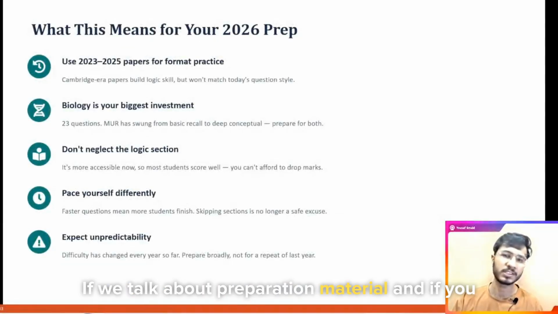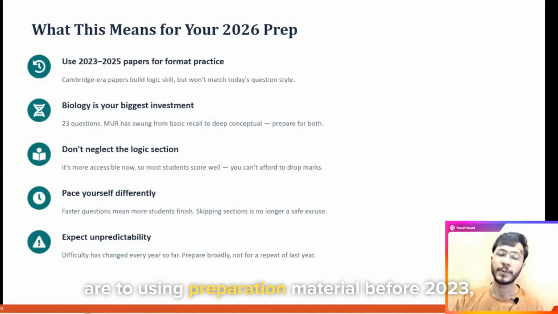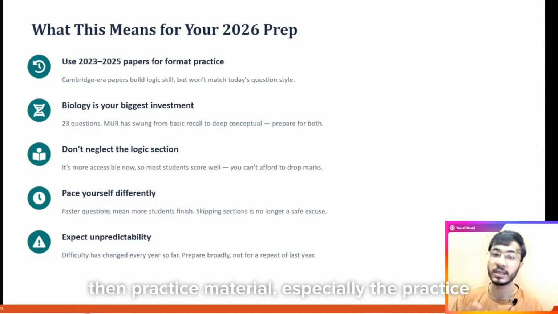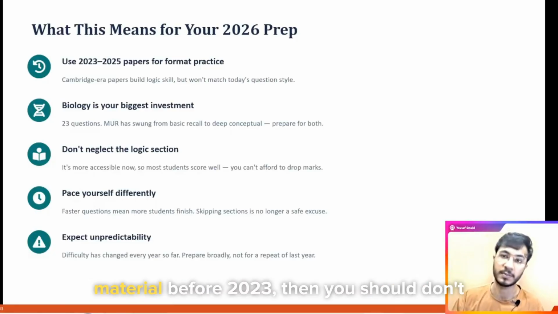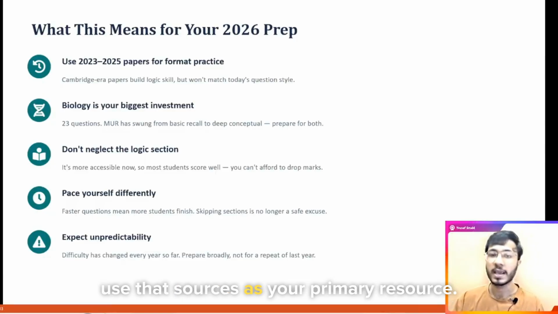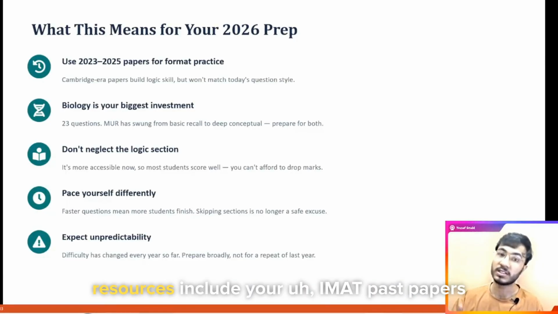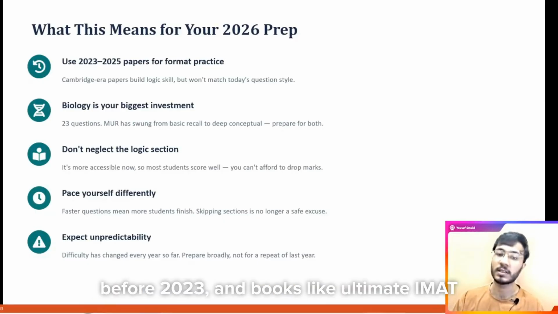If we talk about preparation material, and if you are using material released before 2023, especially practice material before 2023, then don't use those sources as your primary resource. The resources include BMAT past papers, your IMAT past papers before 2023, and books like the Ultimate IMAT Guide.